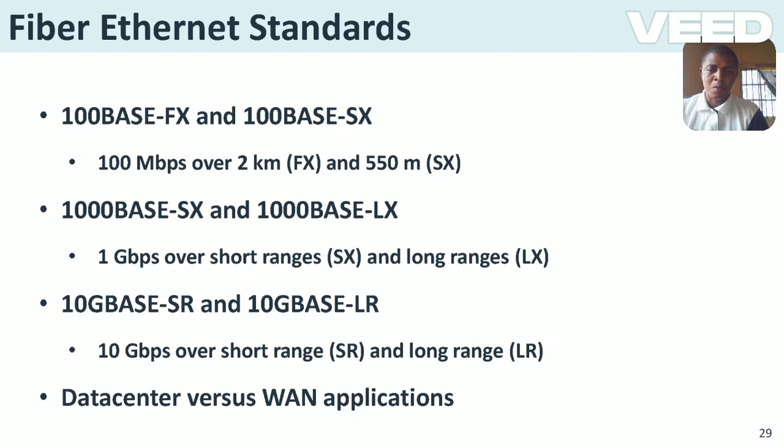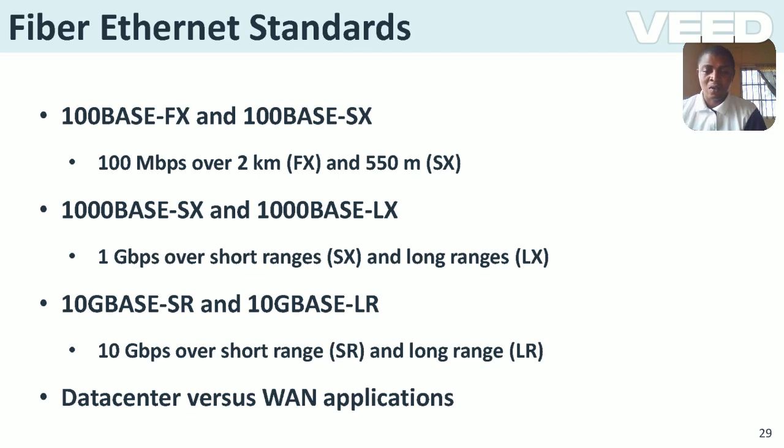Another one comes up with 1000BASE-SX and 1000BASE-LX. The SX means short distance and the LX means long distance, or long range. This feature involves 1 gigabit over short range, which is SX, and long distance over long range, which is LX. It is classified in every standard.